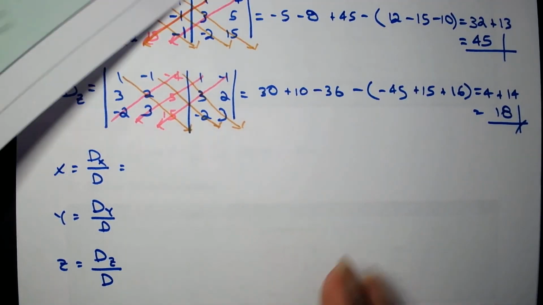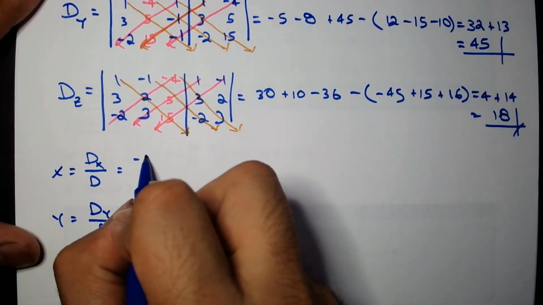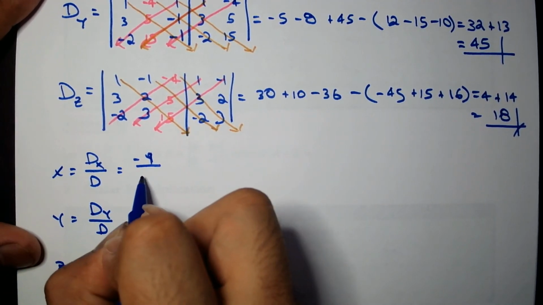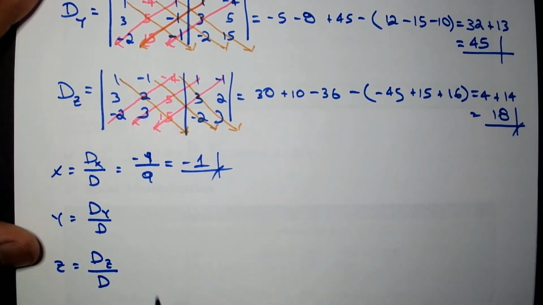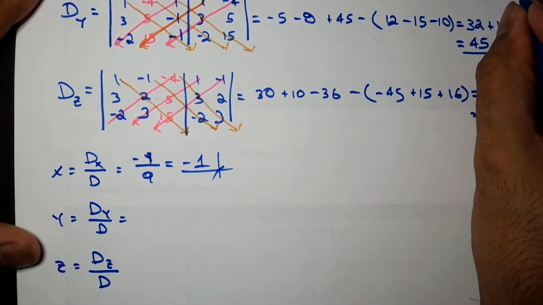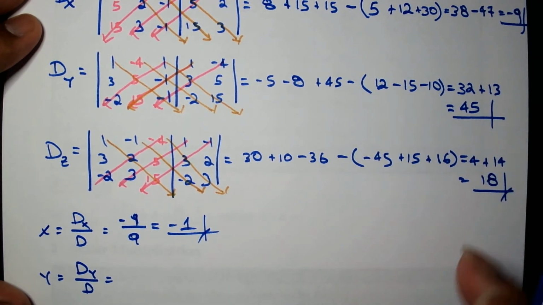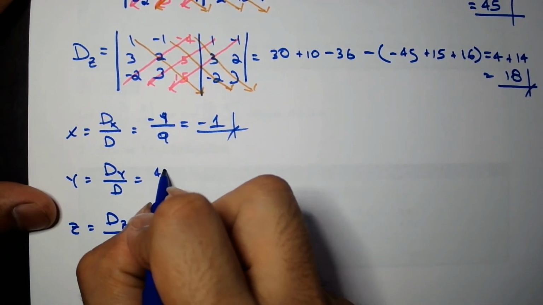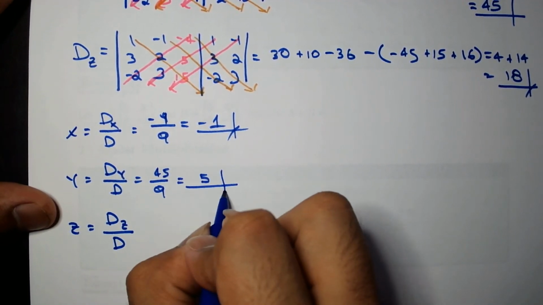Alright, so let's use our numbers. d sub x, which in this case is negative 9, divided by d, which is 9, that's going to give us negative 1. d sub y, which is 45, over d, which is 9, that's 5.